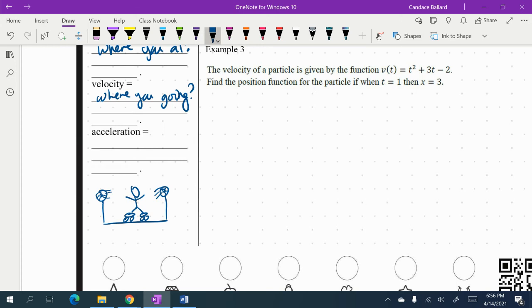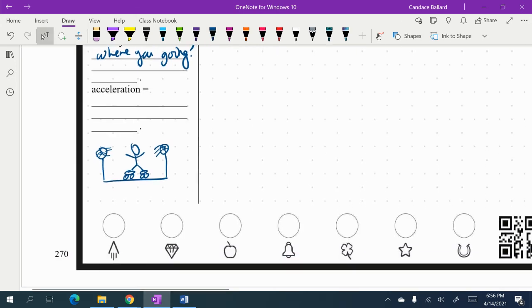So the velocity is going to be whether you're rolling left or right. That would be your velocity. And then the acceleration is where the wind is pushing you.